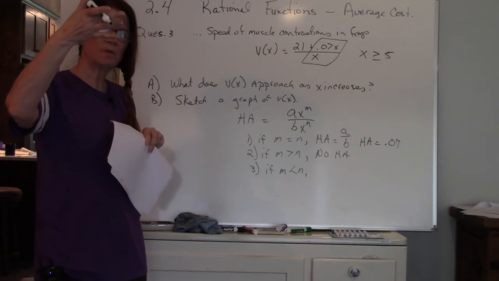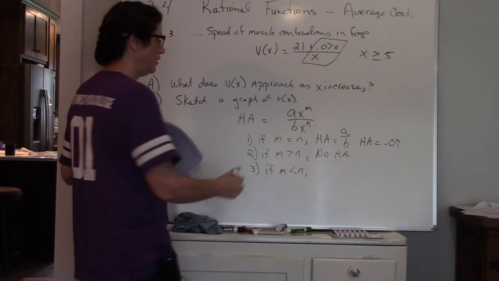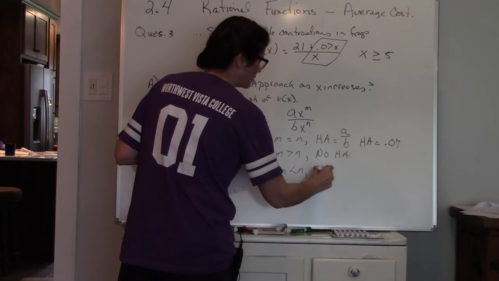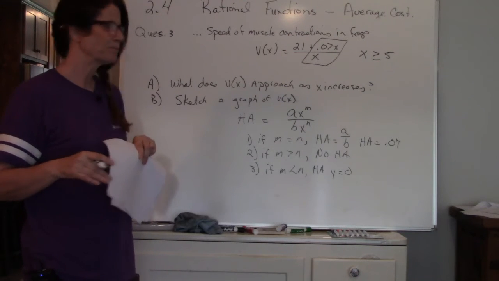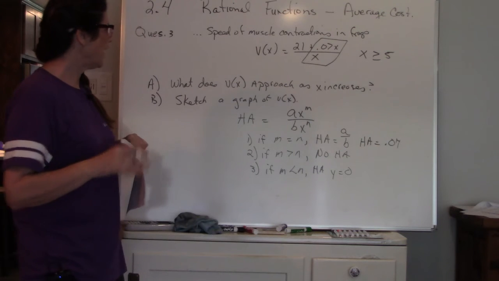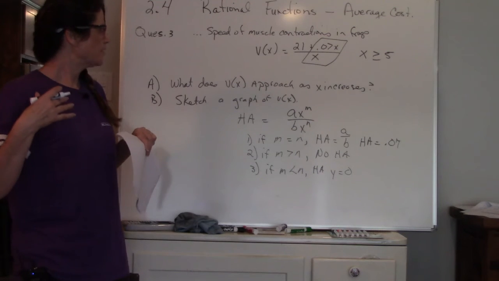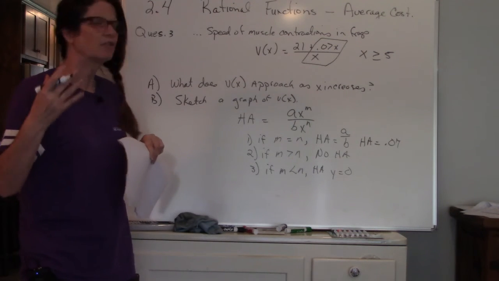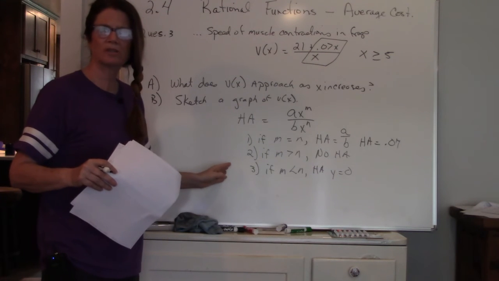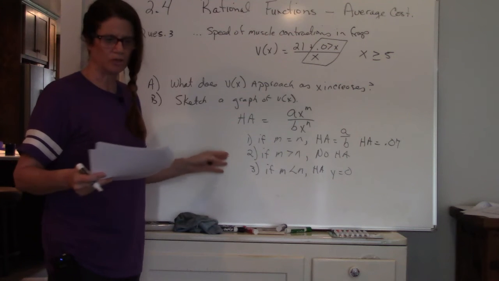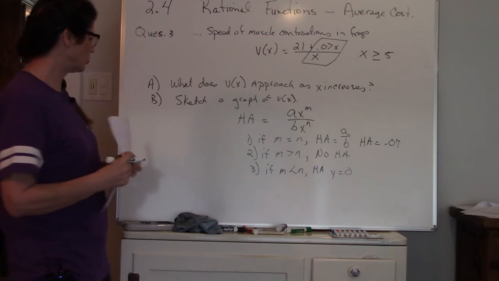If the top exponent is less than the bottom exponent, then the horizontal asymptote is at y equals 0. So it is your x-axis. Okay? All right, so whenever it's asking what is it approaching, it's approaching a horizontal asymptote. You're going to use these 3 rules to decipher where it is approaching. All right, and then the second one is sketch a graph.